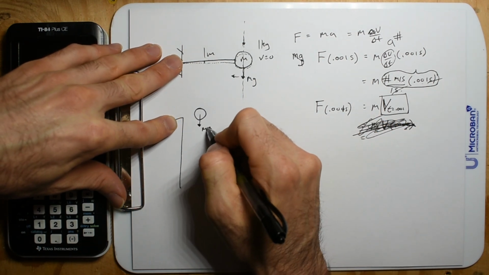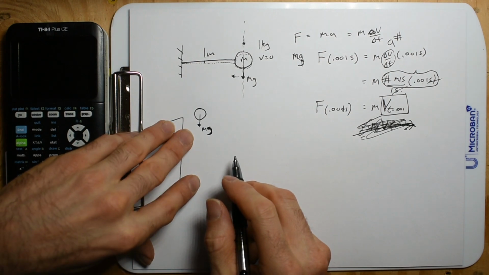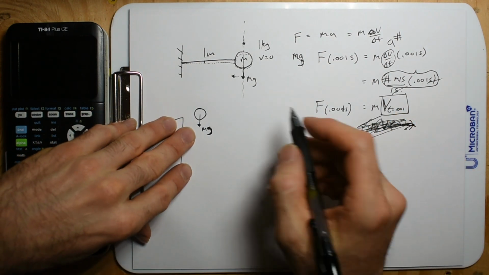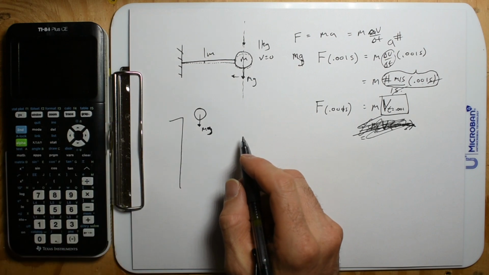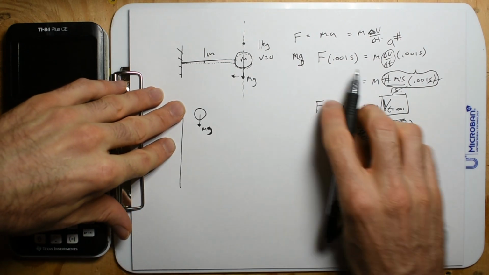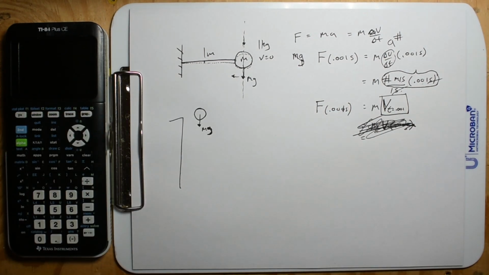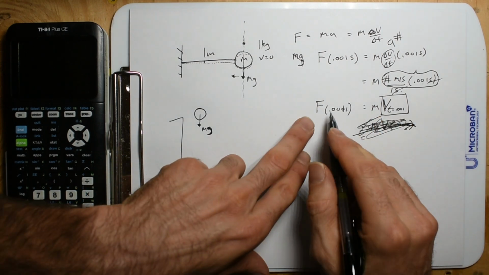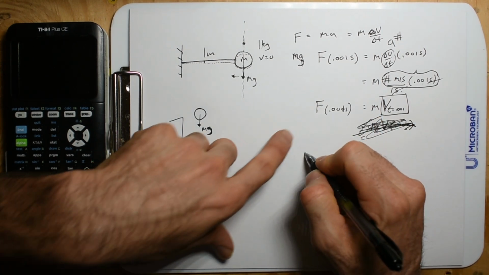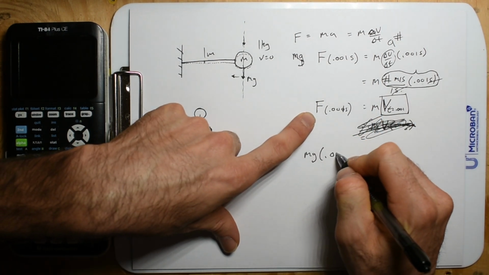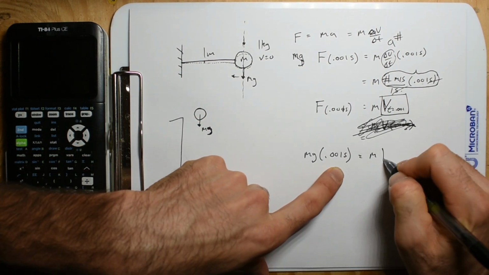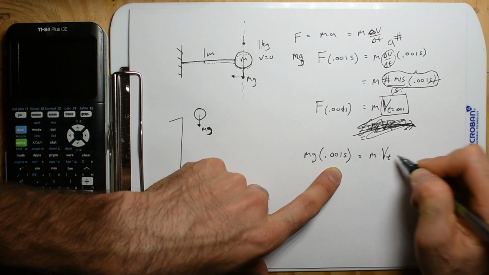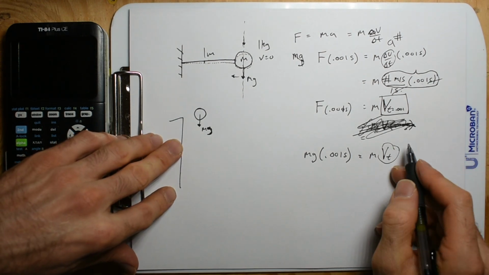Actually no, this one's straightforward. I better slow down and do it like I did the equation. So we have mg, and we're going to multiply by a thousandth of a second, and then we're going to have that mass times that velocity at that time. And that's what we want to find.